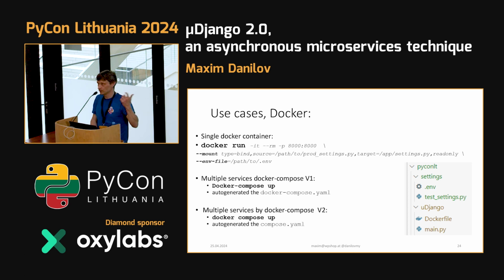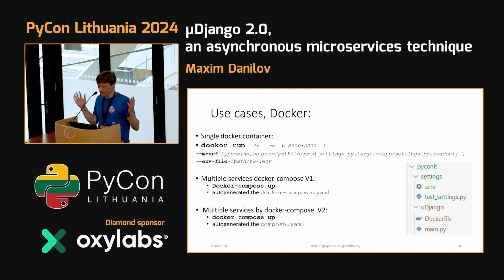Don't forget, Docker Compose has a new version. In the first version the command was docker-compose up. In the second version we should write docker compose up and the file also. Who used the second version of Docker Compose? Oh, many. Thank you.